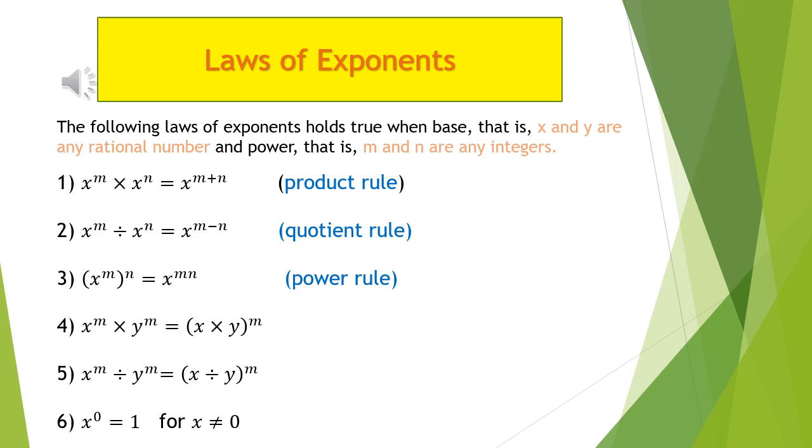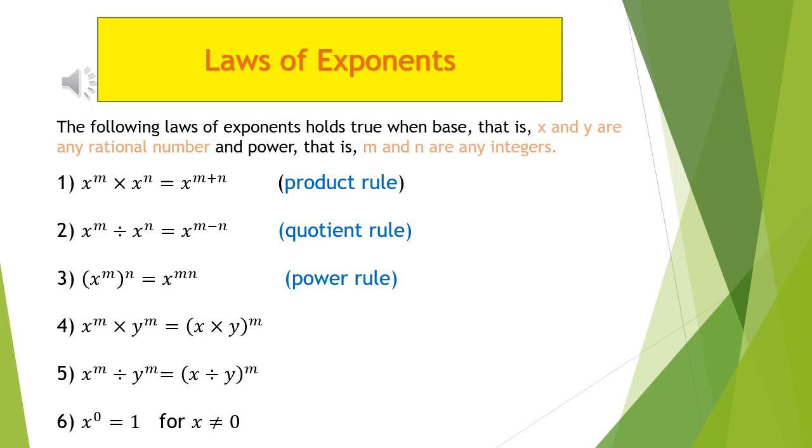So see here the structure. On the left hand side you are multiplying two numbers and on the right hand side you are getting only one number, and on the left hand side the powers are m and n, but your operation is multiplication.